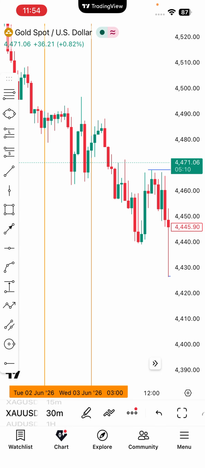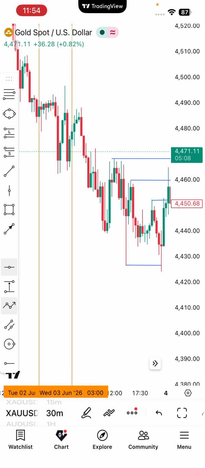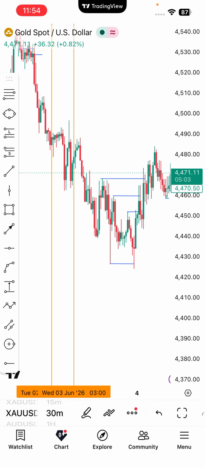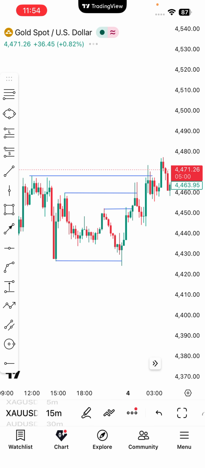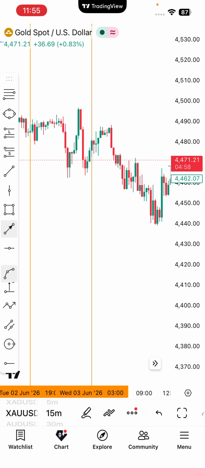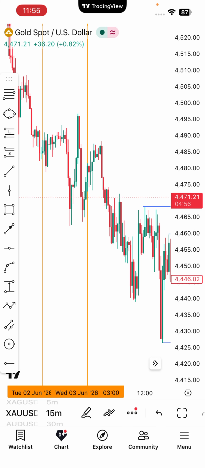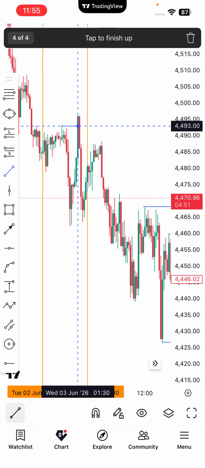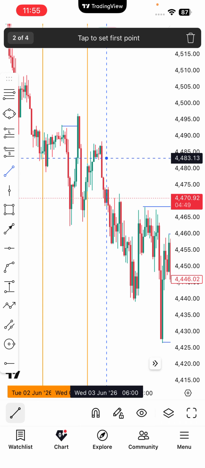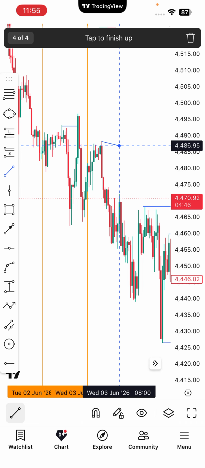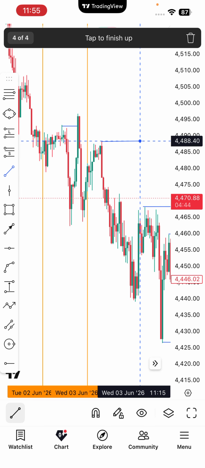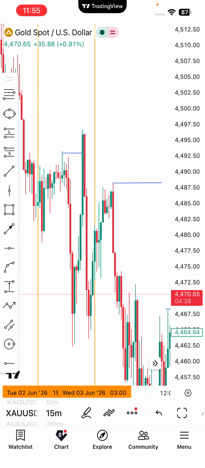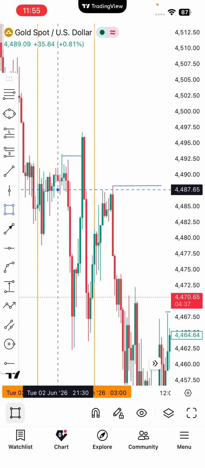So this is 30 minutes. On 30 minutes, there is no key level. Although here we don't have a clear algo structure. So let me go to 15 minutes. Okay, so on 15 minutes, we have a structure right here.